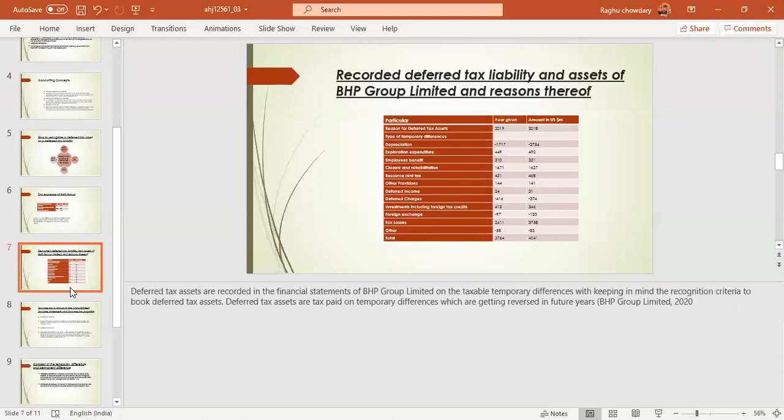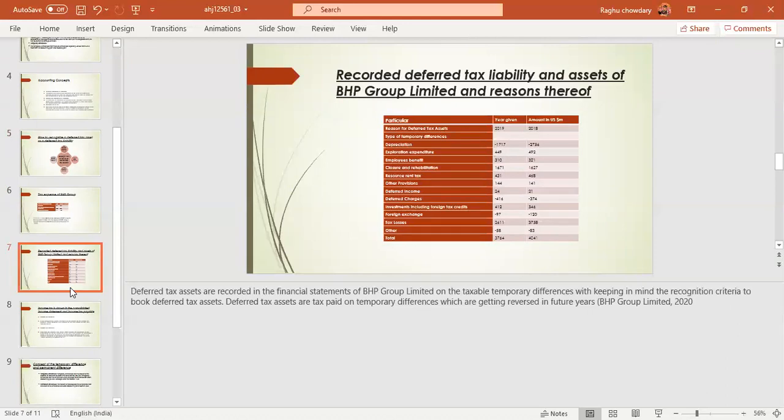It has decreased to 1770 in 2019 from 2756 in 2018, and exploration expenditure has decreased to 449 millions from 492 millions in 2018.